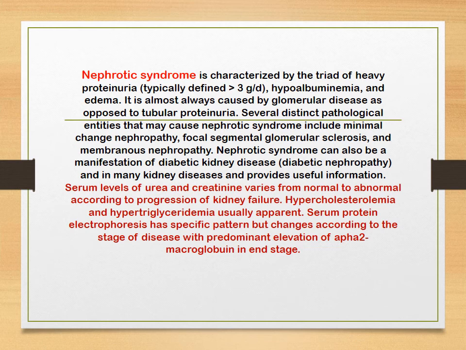The molecular weight of alpha-2 macroglobulin is around 1,000 kilodalton compared with that of albumin, 66 kilodalton. So in end stage nephrotic syndrome, the only indication is the elevation of alpha-2 macroglobulin and its specific band in serum protein electrophoresis.